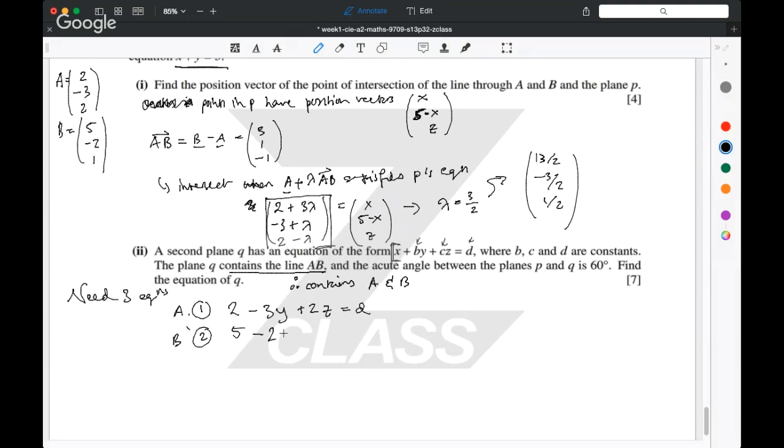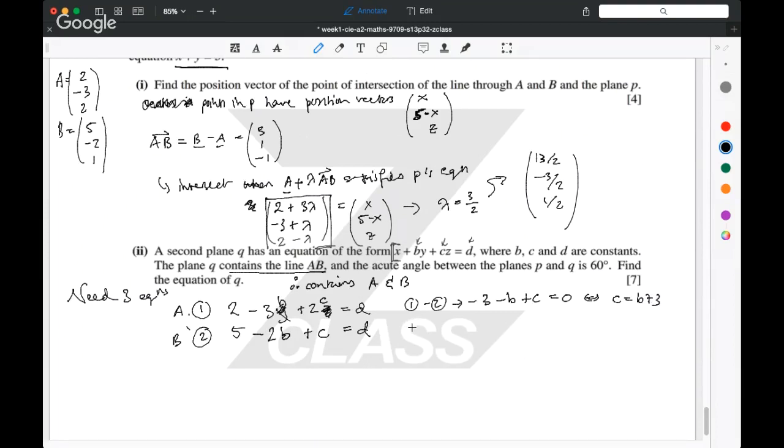So 5 minus 2 oops, this is not y, and that's not z. Oops, that's b and c. So 5 minus 2b plus c is equal to d as well. And I'm going to take 1 and subtract 2, and that's going to give me minus 3 minus b plus c is equal to 0, which is equivalent to c is equal to b plus 3.